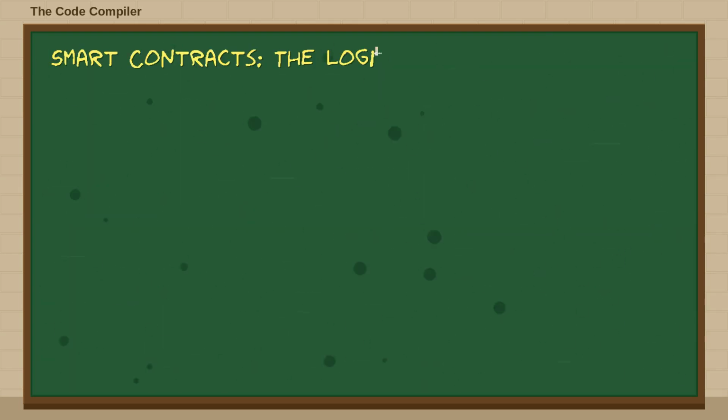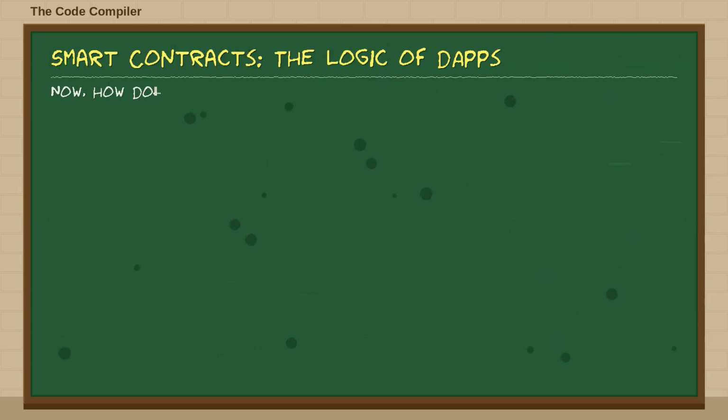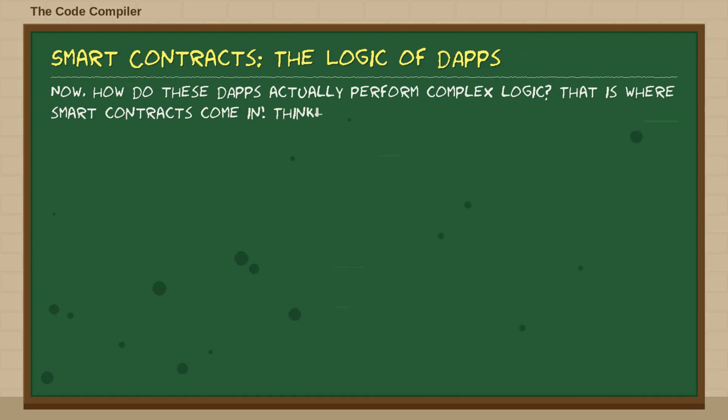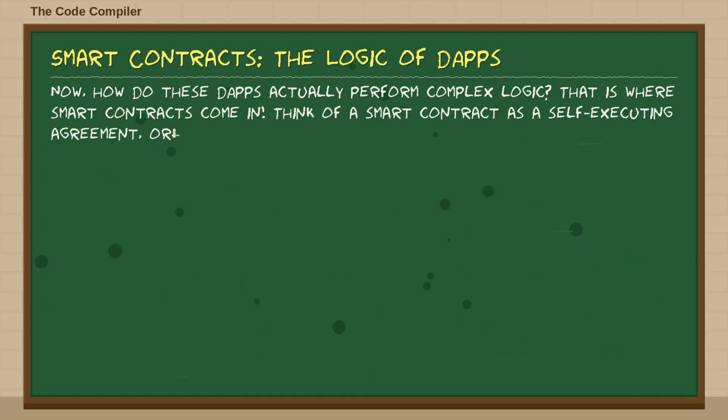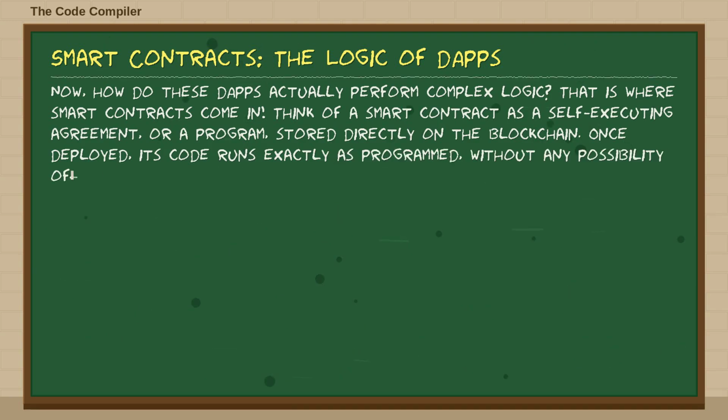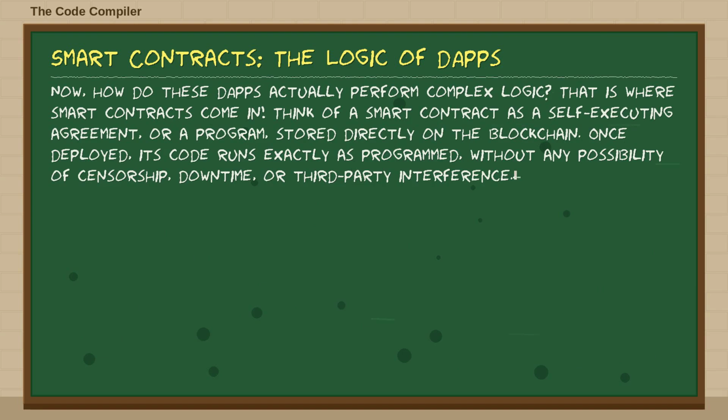Now, how do these dApps actually perform complex logic? That is where smart contracts come in. Think of a smart contract as a self-executing agreement or a program stored directly on the blockchain. Once deployed, its code runs exactly as programmed, without any possibility of censorship, downtime, or third-party interference.